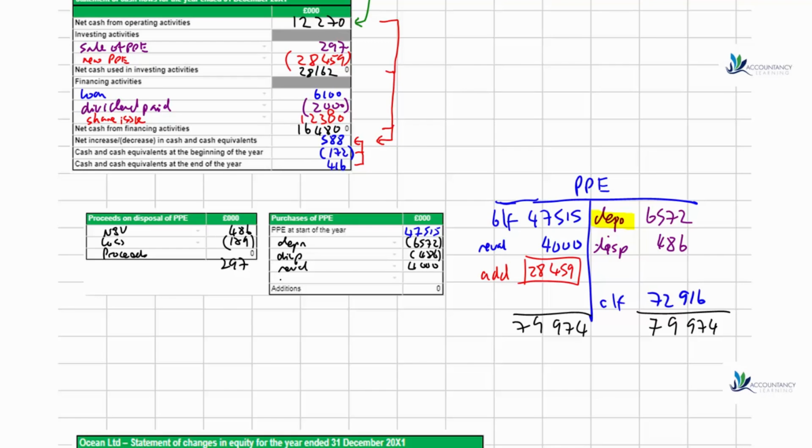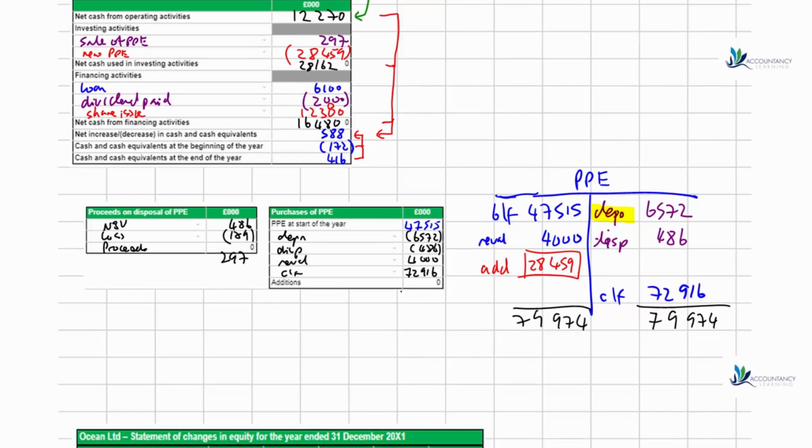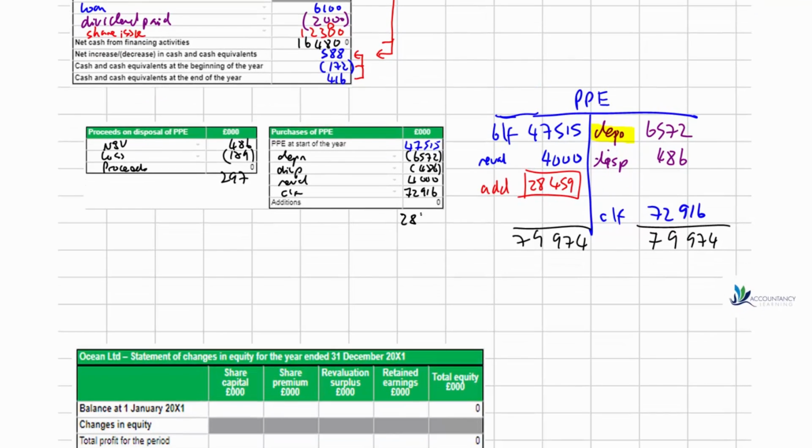And then we had our carried forward balance of 72916, and that gave us our additions of 28459. Okay, so the structure of these workings is a little bit unusual. So yeah, we'd strongly recommend that you do your workings on the scrap paper provided in the exam. So whether you want to do your workings in the form of a T account or in the form of a column, it doesn't really matter, as long as it works in your head and you get the right number.